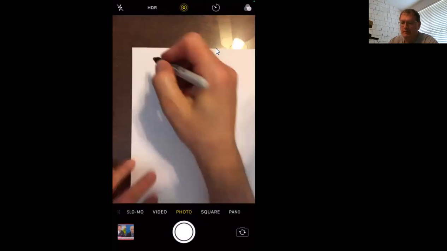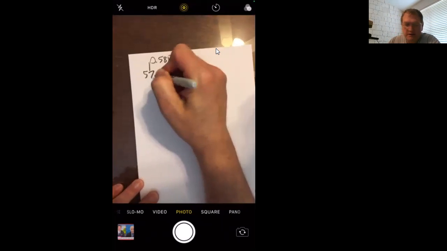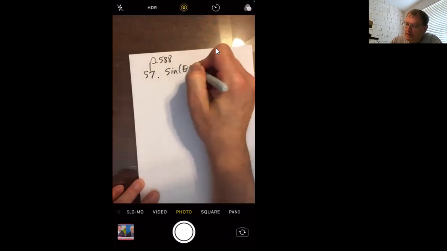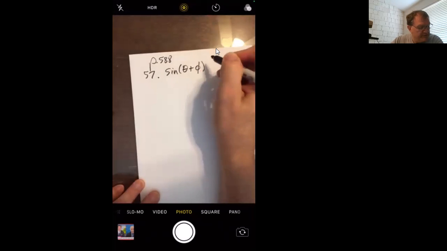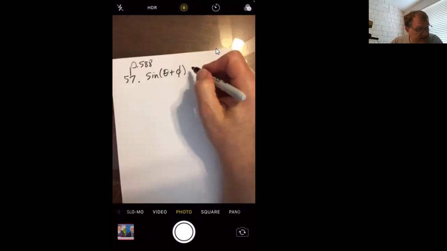Why don't we try 57? Sine of theta plus phi. Remember, we're working 55, and it got pretty complicated. Okay, they don't really number these out, so you got to really interpret this gibberish.